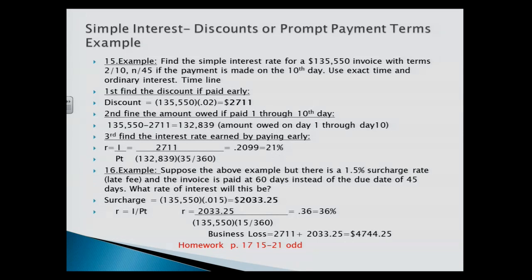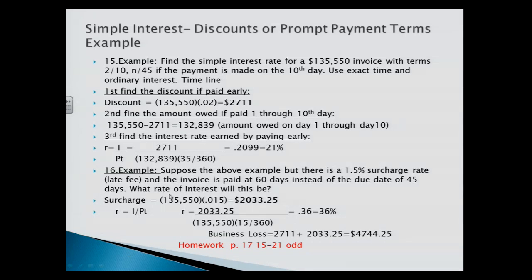Now, let's look at 16, right below it. I didn't pay it and get the discount, and I also didn't pay it day 10 through 45. I didn't have the money. I paid it after. So there was a surcharge or an interest rate of 1.5%, a late fee, you may call it.